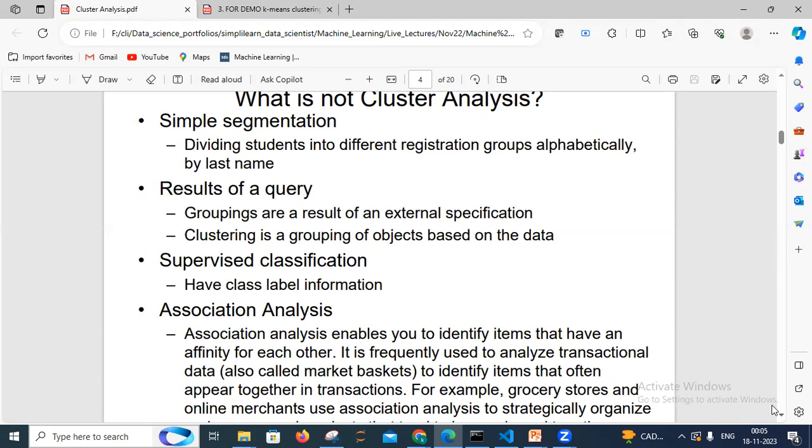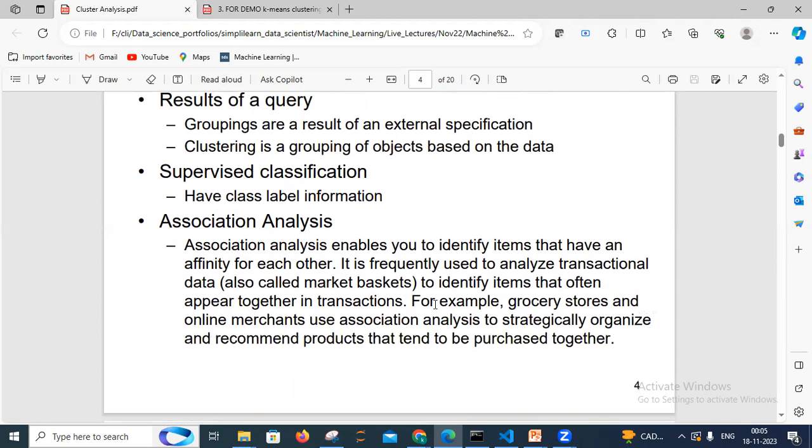Association analysis, right? Association analysis enables you to identify items that have an affinity for each other. Here we create things like market basket analysis, where we have to create association rules.